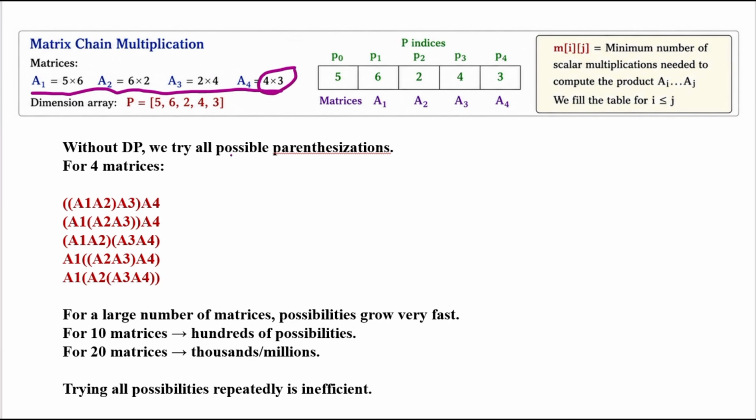Then perform the matrix multiplication like A1 into A2 into A3 into A4. We can perform it because these two values are equal: the column number of the first matrix matches the row number of the second matrix. Here also, and here also the same case is there. So we can multiply all those matrices one by one.